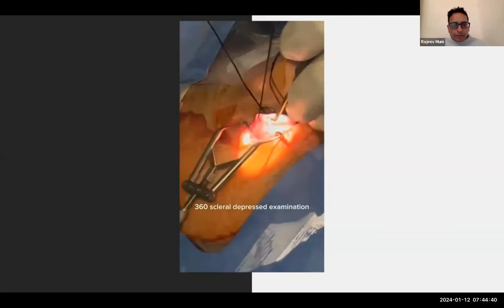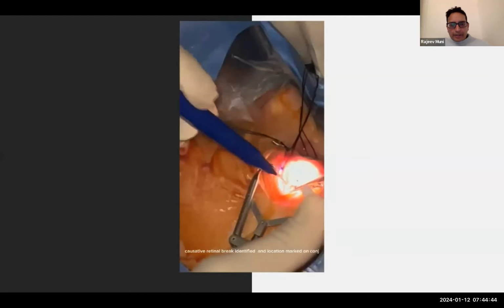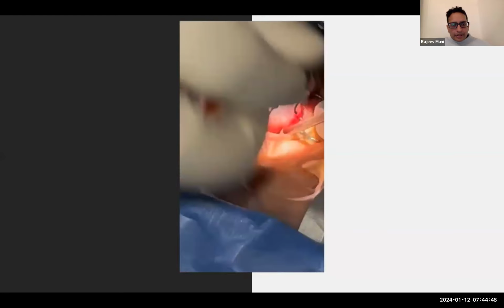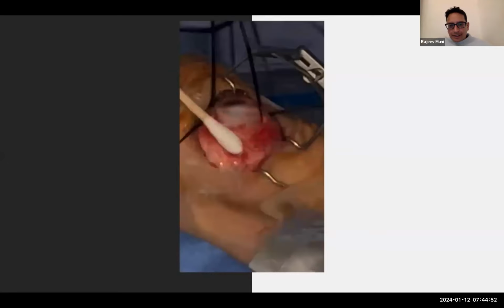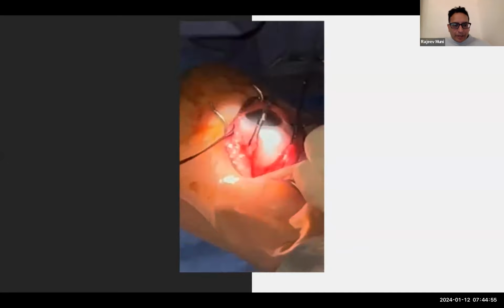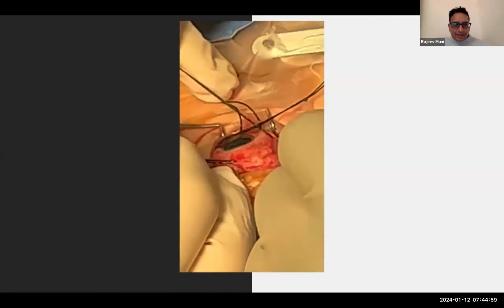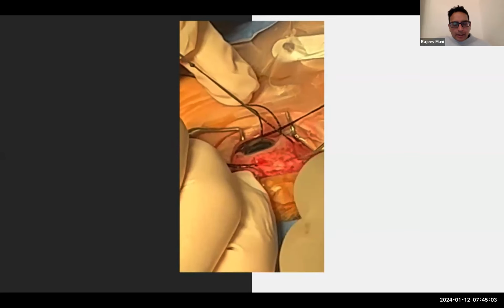And then we're using forced ductions to confirm that we actually have the muscle rather than just Tenon's and conjunctiva. I wonder if any of our strabismus colleagues are on here, if they have a better way of doing this, but this is probably the most tricky part of this variation to scleral buckling surgery that we're going to show.